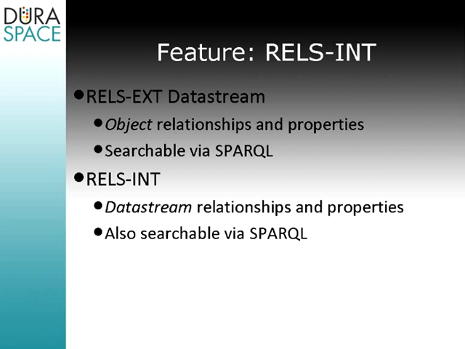So these special data streams play a particular role in Fedora, and we've historically had this special data stream called RELS-EXT, which allows one to state object relationships and properties.